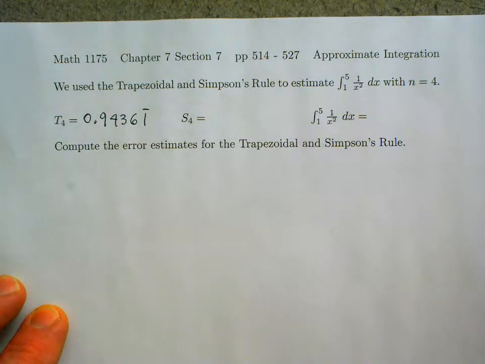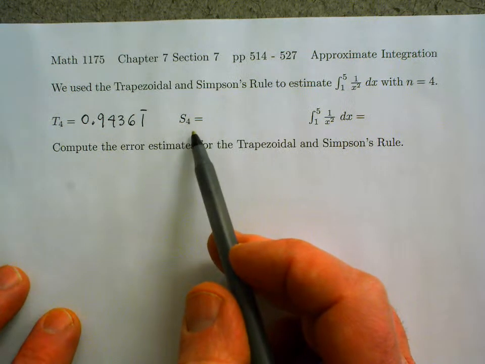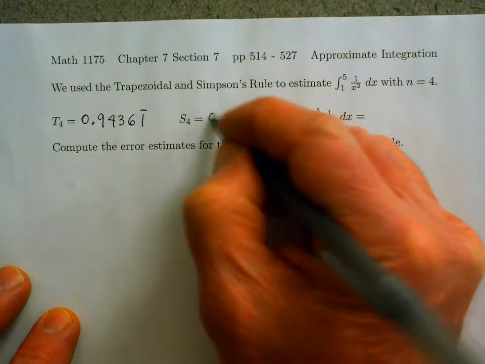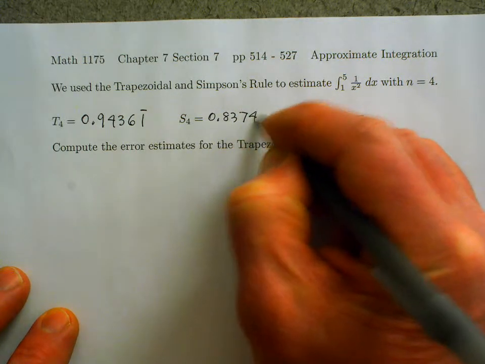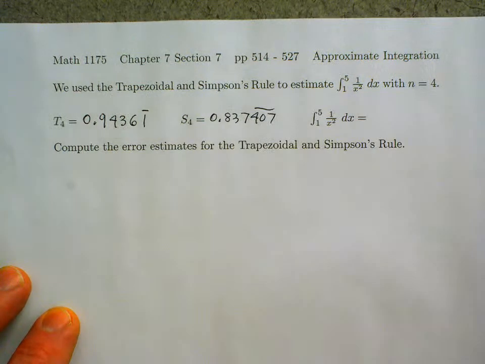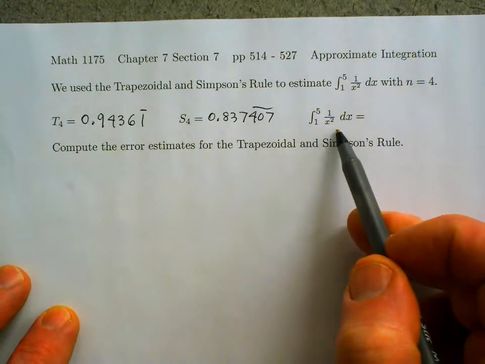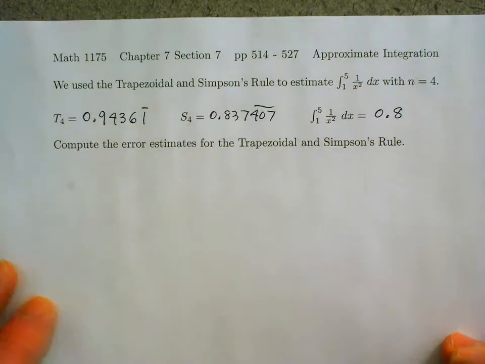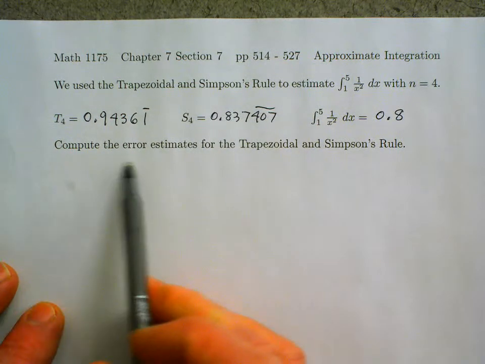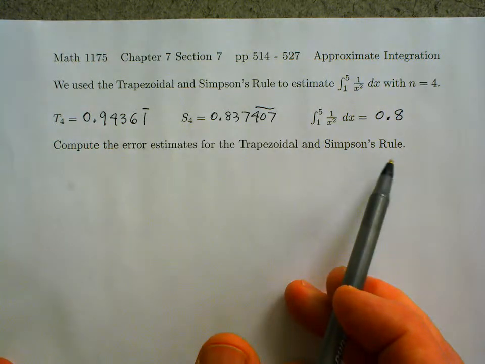Simpson's rule with n equals 4 gave us an estimate of 0.837, with 407 repeating forever, and the exact value of that definite integral is 0.8. Okay, so we're going to compute the error estimates for the trapezoidal and Simpson's rule.